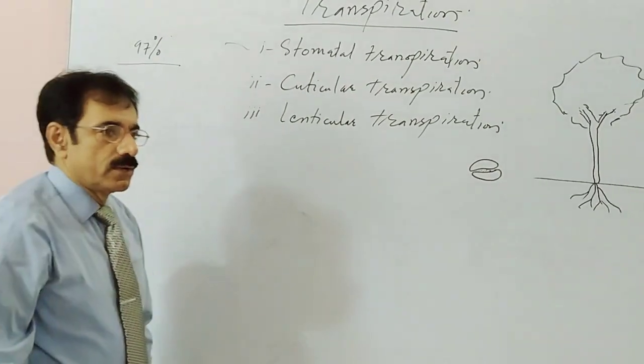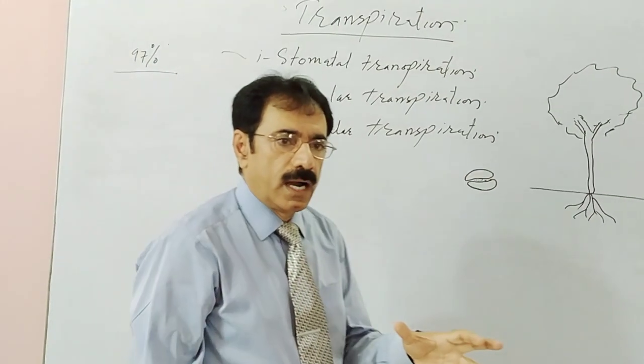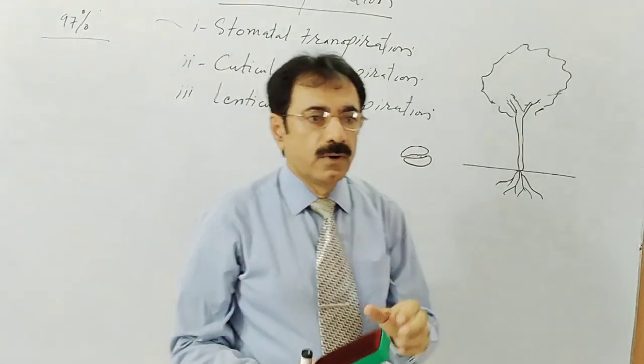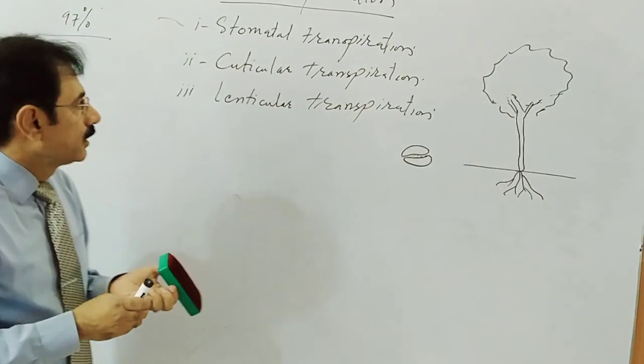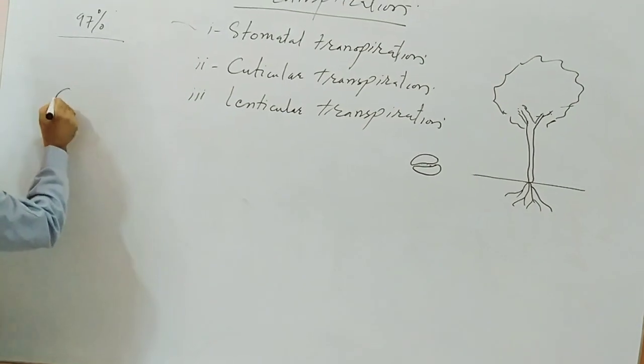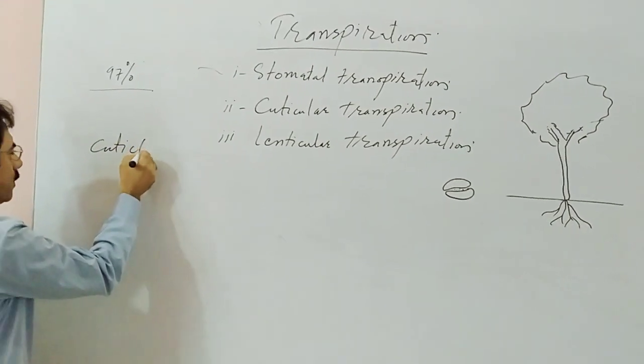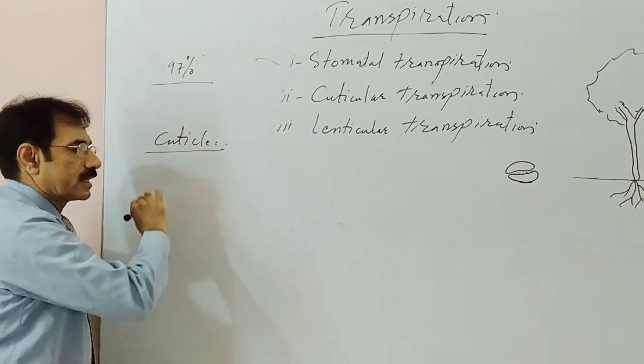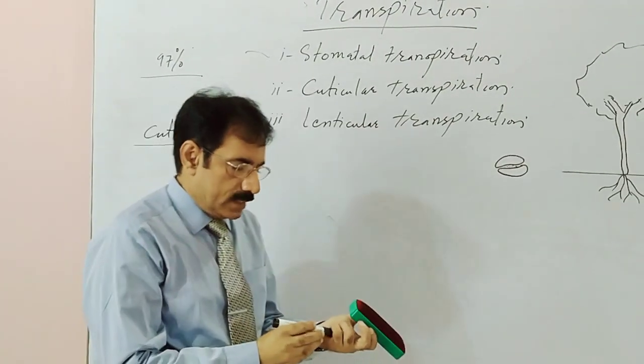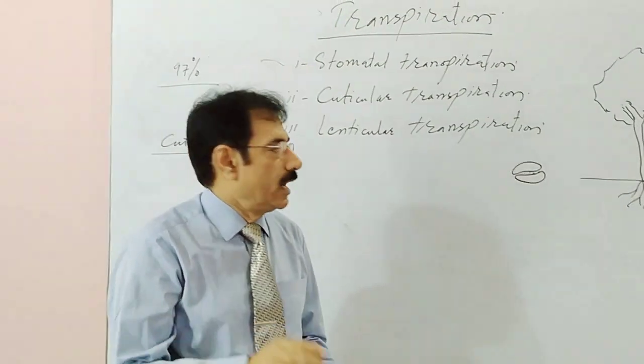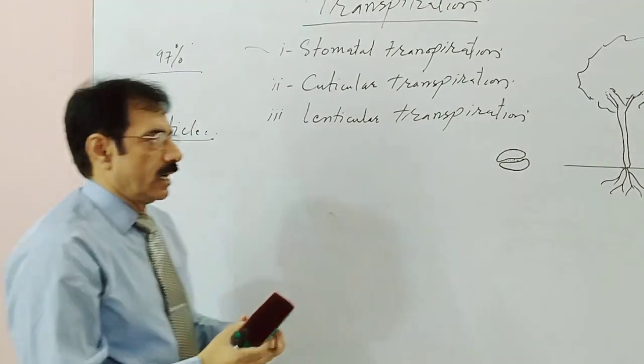We know the cuticle is a waxy hydrophobic layer, so it prevents the loss of water. The cuticle is a waxy hydrophobic layer that encloses the leaf surfaces and the young branches.